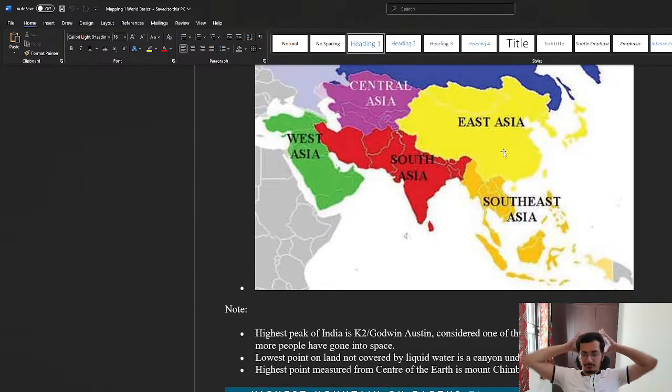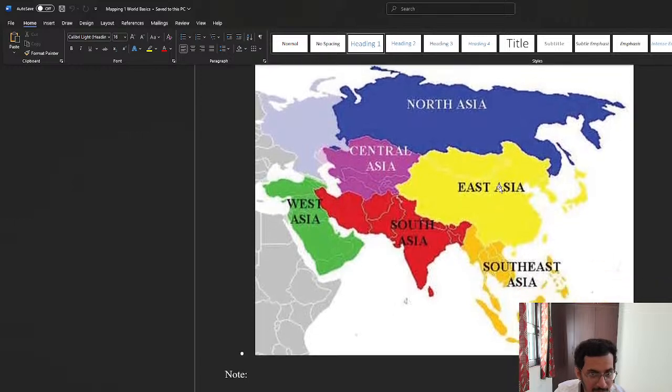Yeah, this is what I was doing. That is the Caspian. But like Caspian, that is, yeah, North Asia. It is basically just Russia, Siberia.